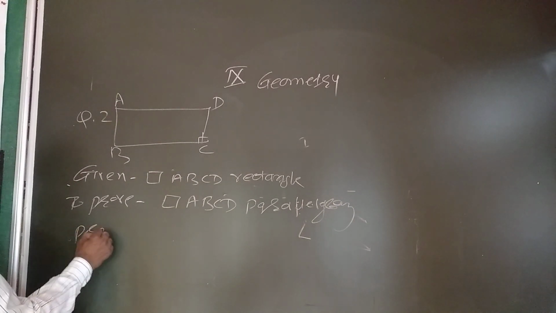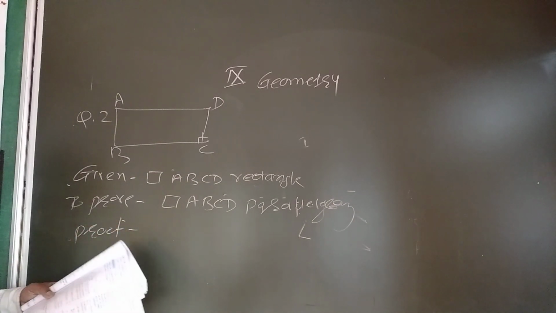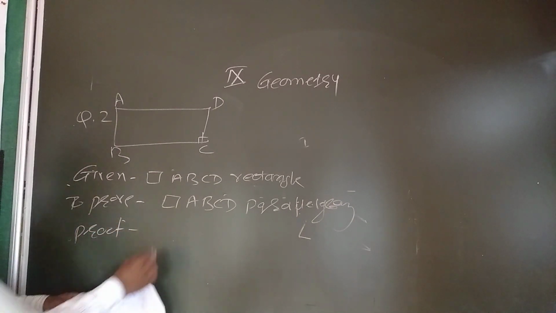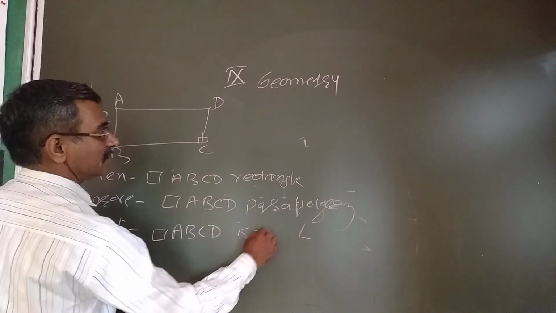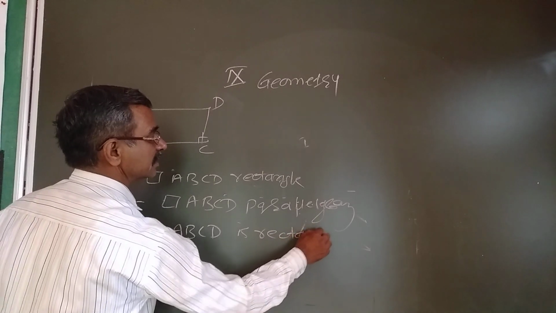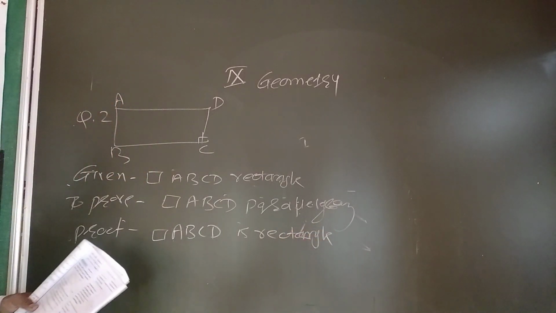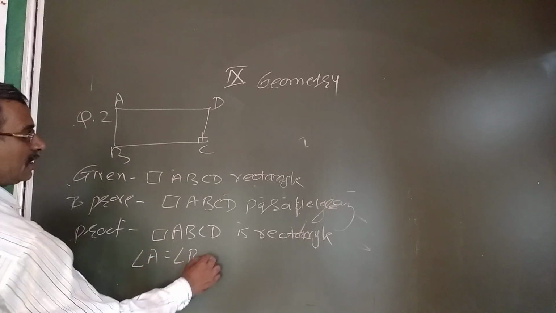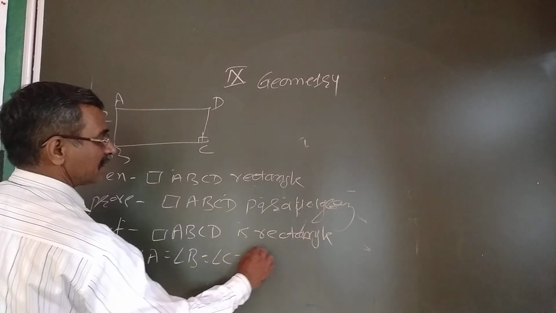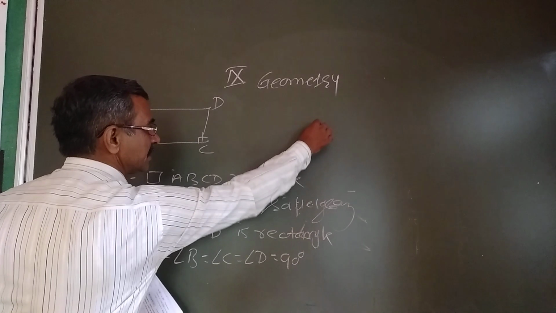Our proof starts. First, what is given? ABCD is a rectangle. Then angle A, angle B, angle C and angle D are each equal to 90 degrees.